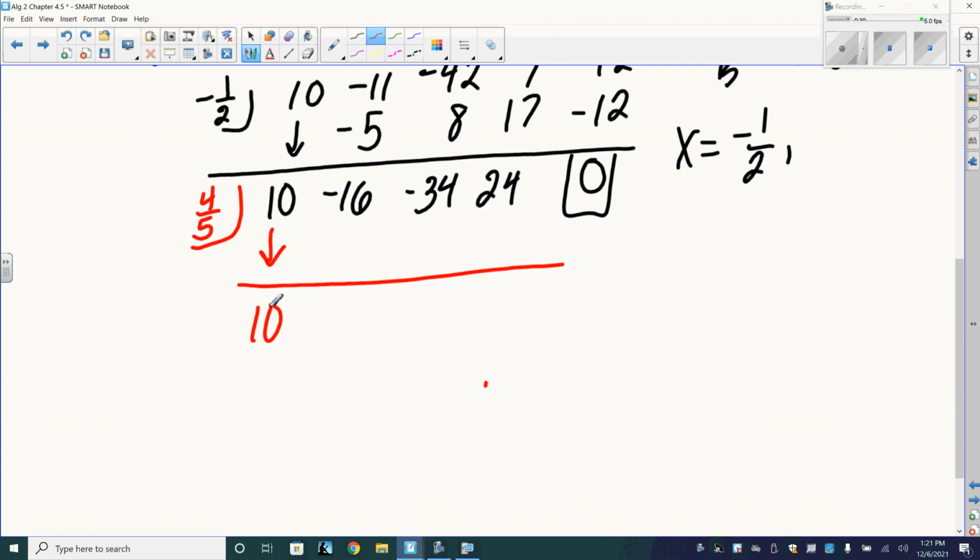Bring down the 10. So we can start off with 10 times 4/5. And if we plug that in, we would get 8. Negative 16 plus 8 is negative 8.